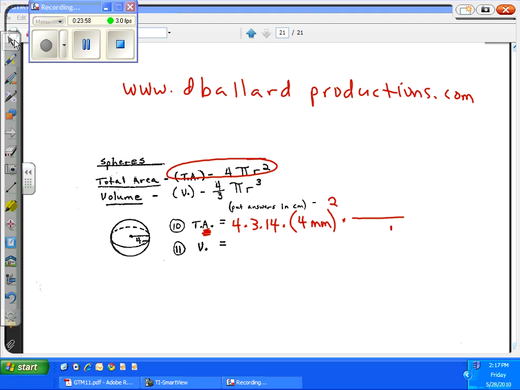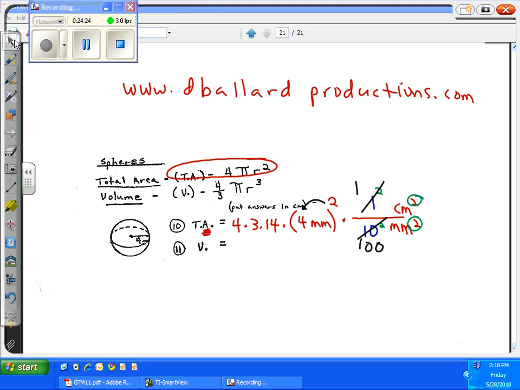So we want to lose the name square millimeters and gain the name square centimeters. The larger is centi, the smaller is milli. There's 10 milli in a centi. Well, we're not dealing with centi and milli, we're dealing with square centi and square milli. So 1 squared is 1, 10 squared is 100.